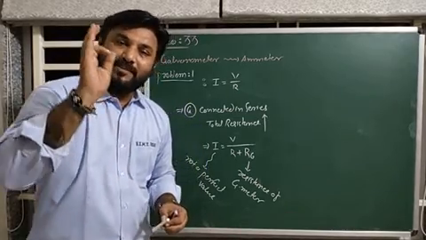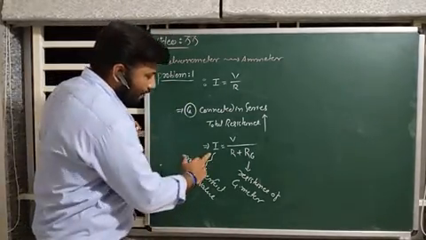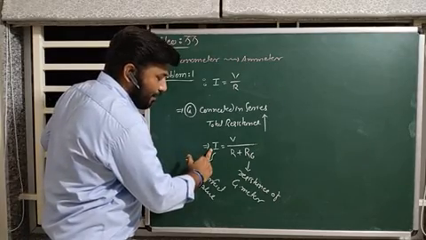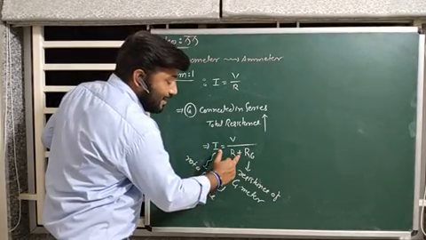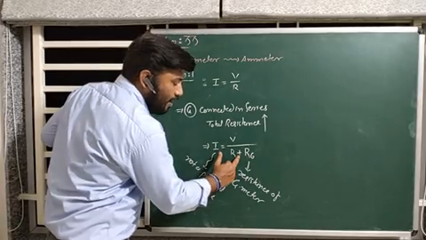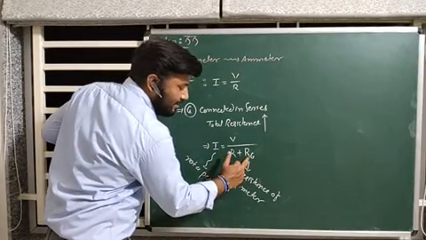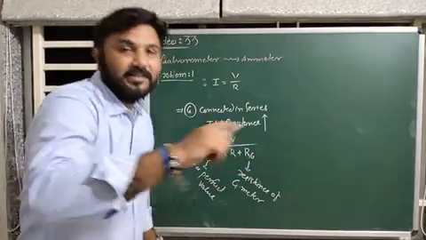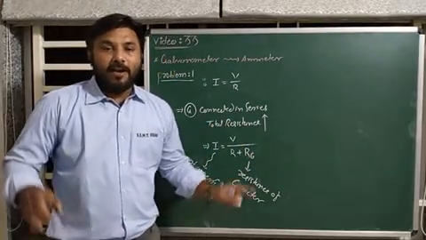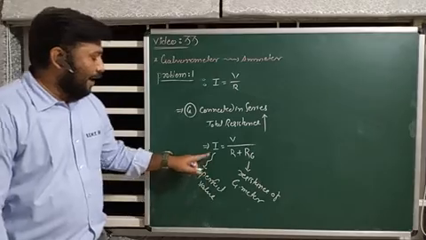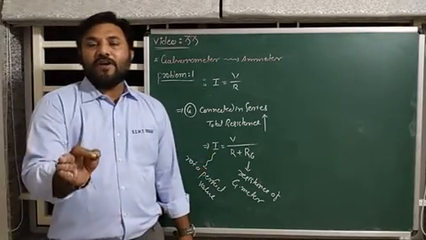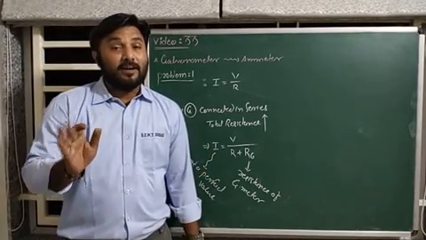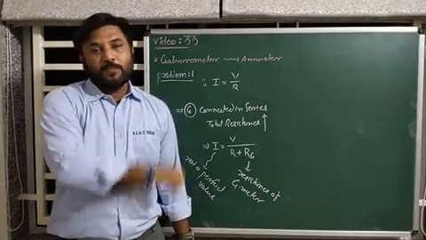For the same reason, while we are writing the equation of electric current, the resistance increases. Why? Because the resistance of the galvanometer is added into the total resistance. And due to this reason, we cannot measure the perfect value of electric current. This is the first problem.